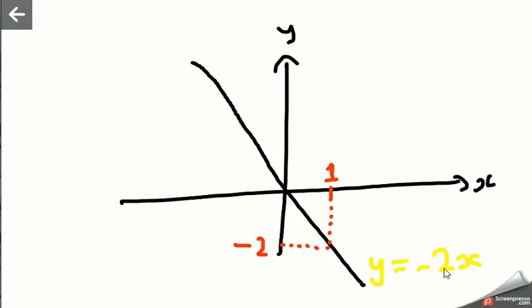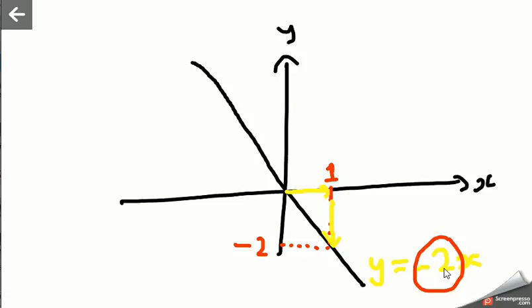What that means is that when we increase x by 1, y actually decreases by 2. That means it has a gradient of negative 2, because as x increases by 1, y decreases by 2. Or another way of saying that is y increases by negative 2. That's the same as saying it decreases by 2. Okay, so m is the gradient.